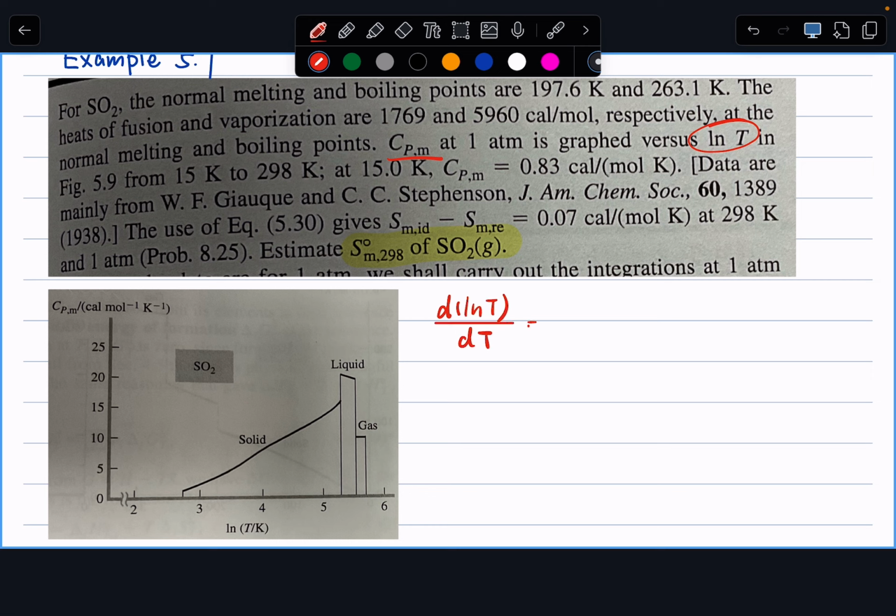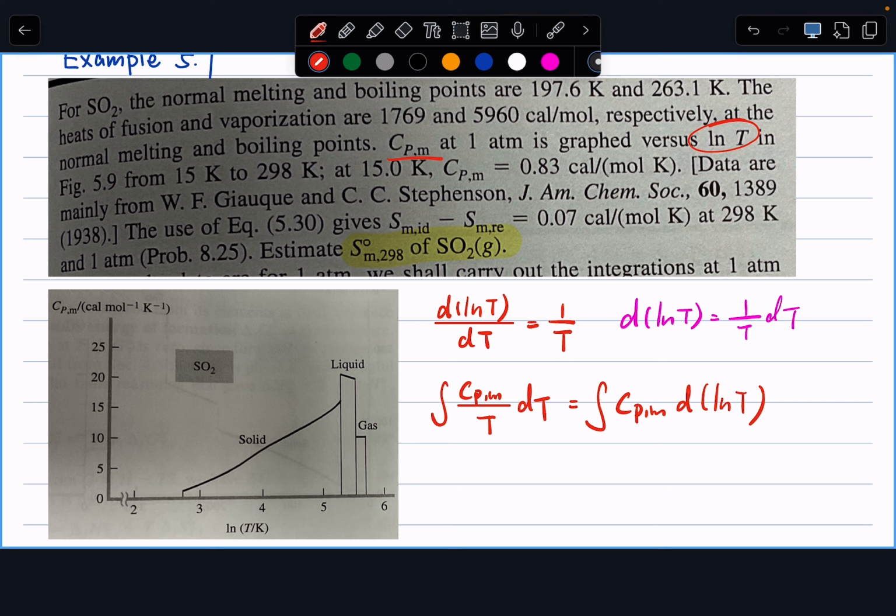That means if we're taking the integral of CPM over T dT, that's effectively working. So d ln T equals 1 over T dT, and the integral of CPM d ln T equals the integral of CPM over T dT.